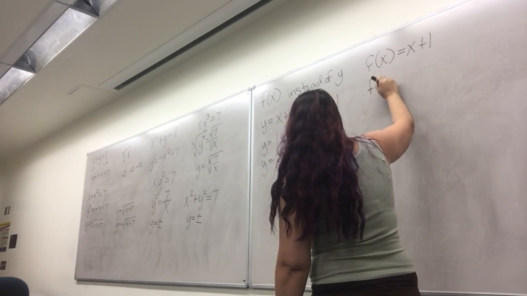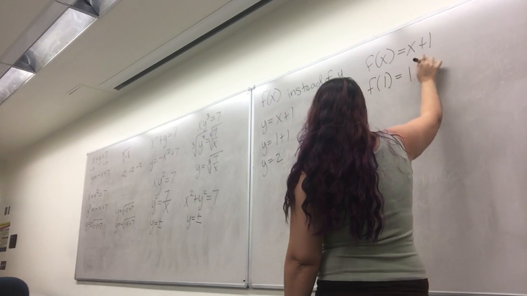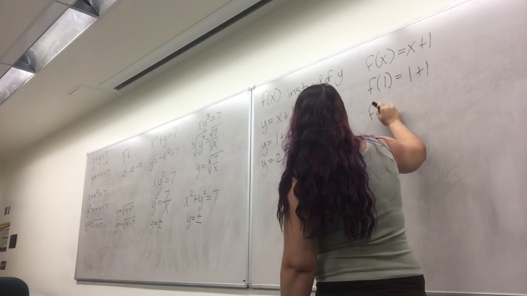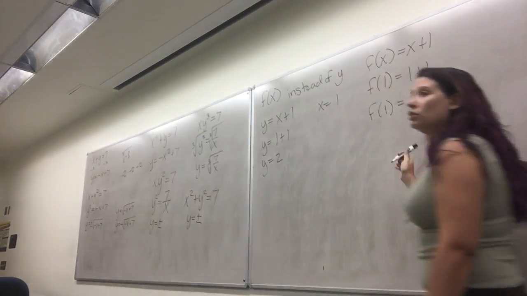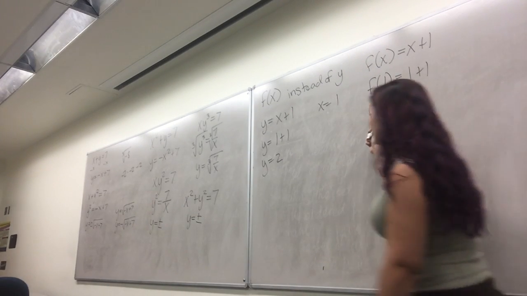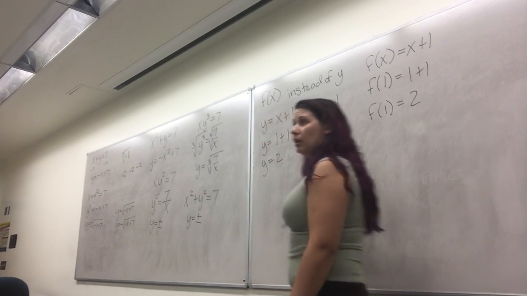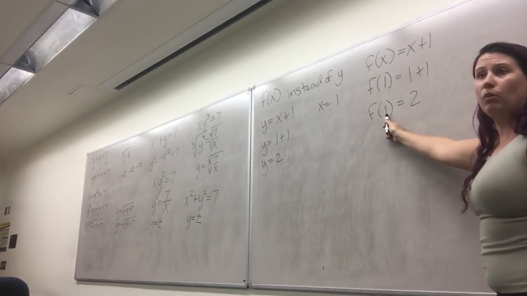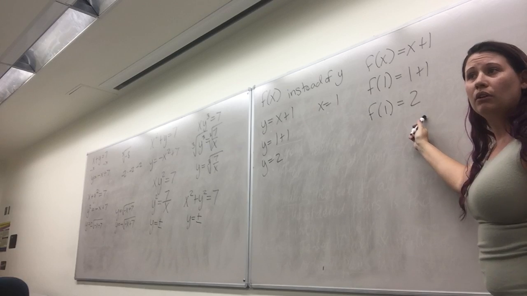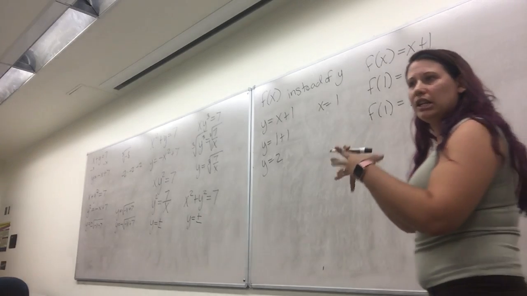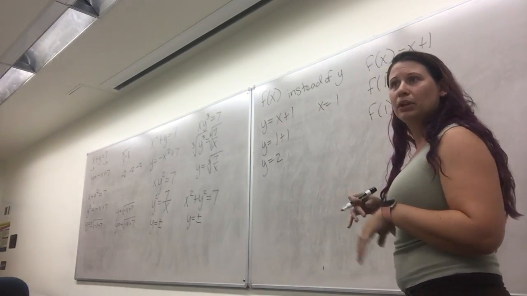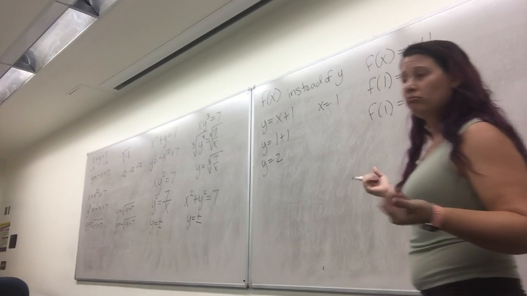So f of 1 now is 1 plus 1, or f of 1 is 2. So we see right here the difference. Here we just know that our y value is 2 from something. Here we see, oh, we plugged in 1, we got 2. It's a good consolidation so we don't get lost in the problem of what we just did.